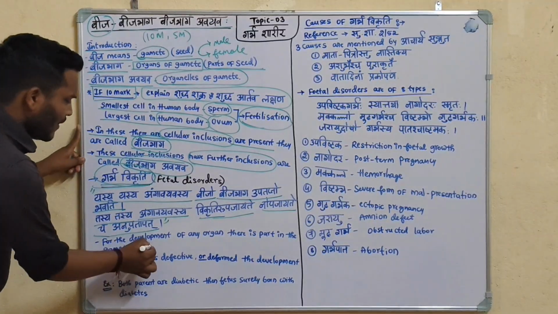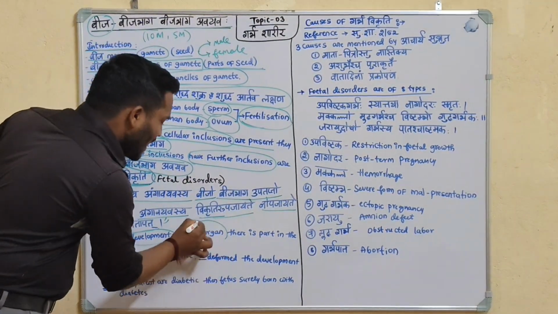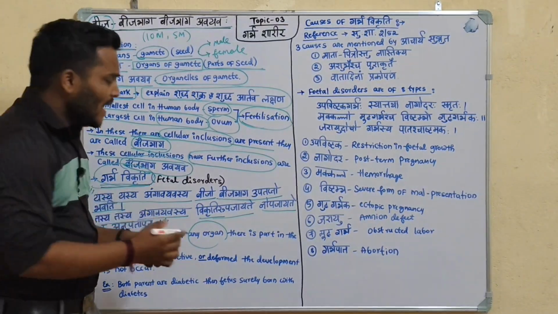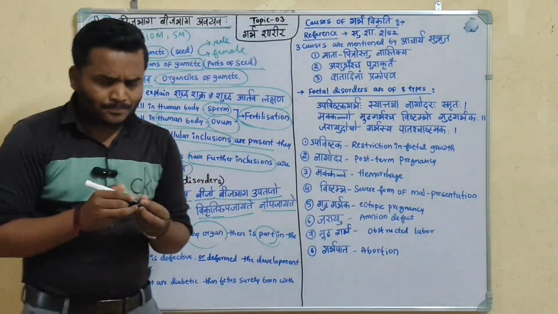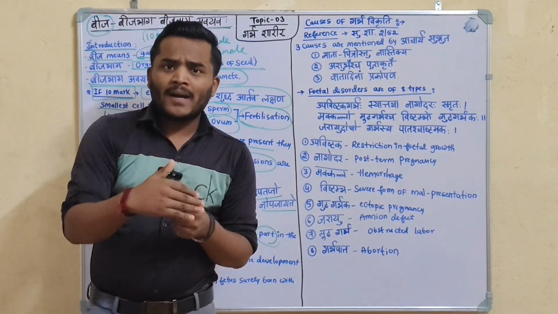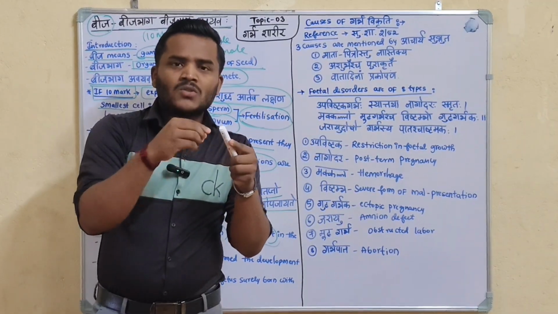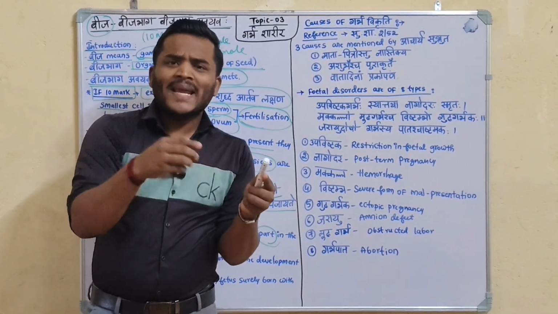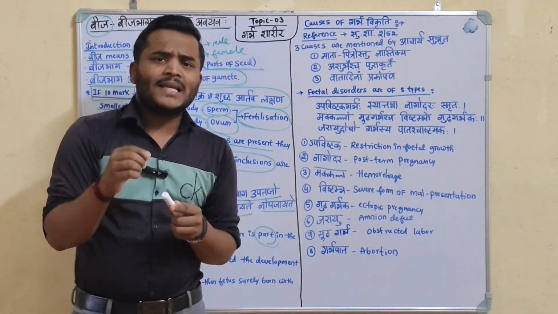Okay, for the development of any organ, there is a part in the gamete. देखो यार, after fertilization, if one organ wants to form, it has a certain part in the gamete.